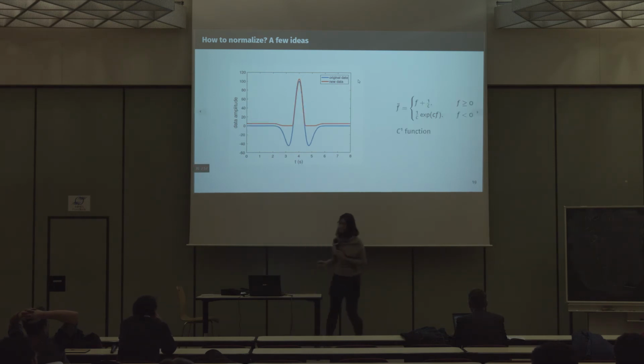This is a combination of the linear transformation and the exponential function. It's still C1, still differentiable. For the negative part, I kind of just ignore it by taking an exponential function, so I suppress the negative part of the wave. For the positive part, I still do a linear transformation, but at a very small scale.